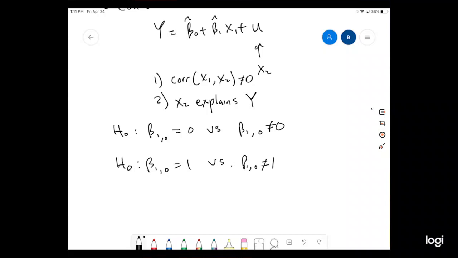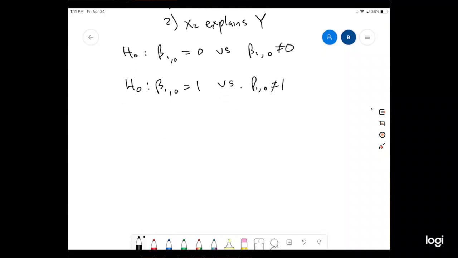So what's our t-stats in both scenarios? t-stat for, let's call this H1, and this is H2. So T1 is equal to beta hat 1 minus 0, because our null hypothesis is 0, over the standard error of beta hat 1.